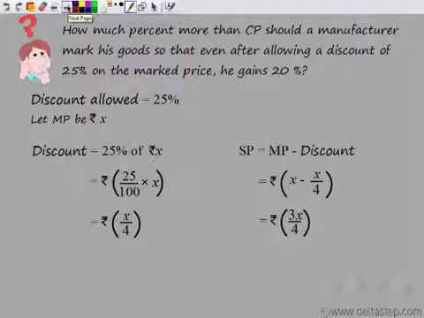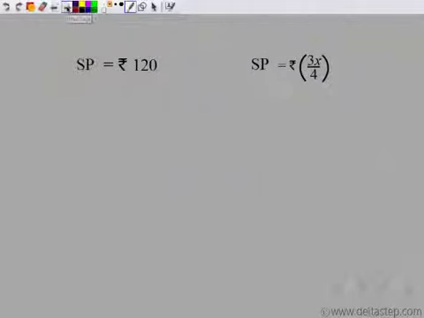Now earlier I had seen that the selling price was 120 rupees. Now the selling price turns out to be 3X by 4. So both these should be the same because that is the selling price. So what I can say is, therefore, 3X by 4 should be equal to 120.